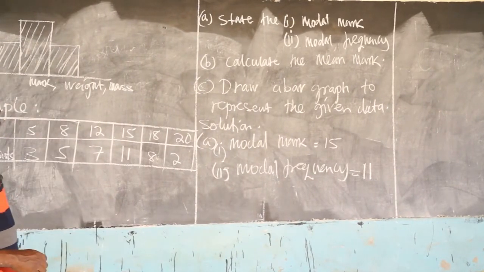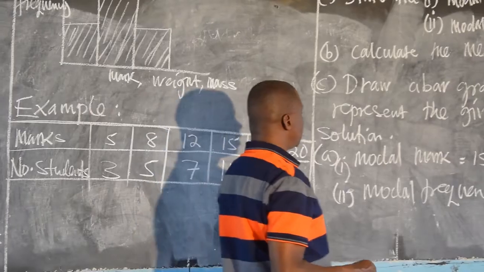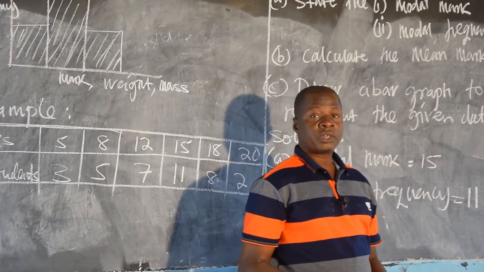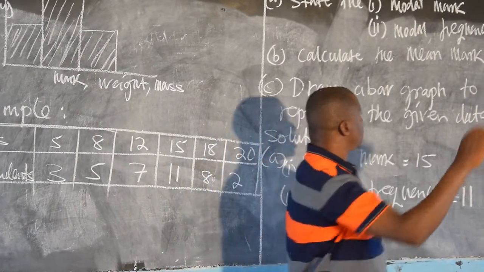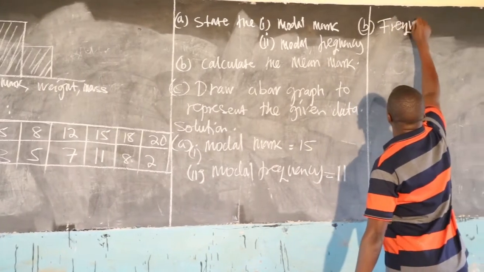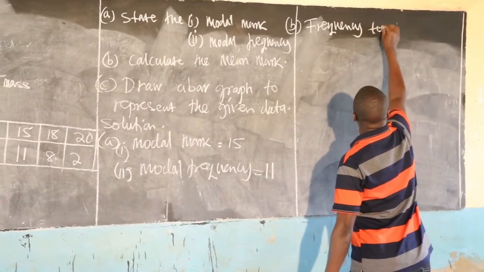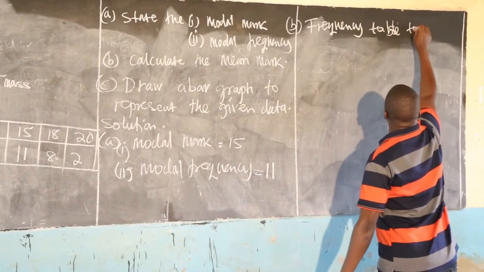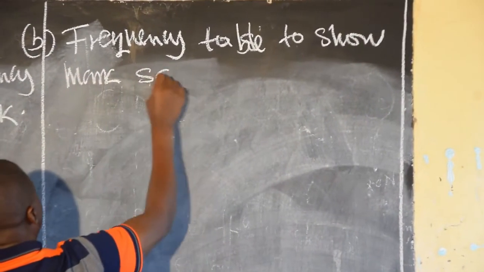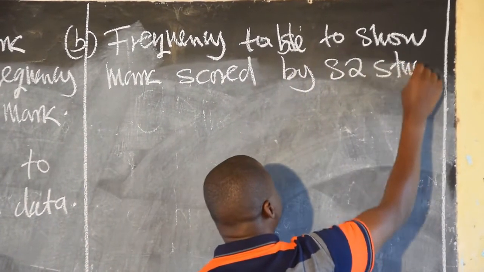Back to part B, they want us to calculate the mean. For this case, we are supposed to use a frequency table. This is our frequency table to show marks scored by senior 2 students.